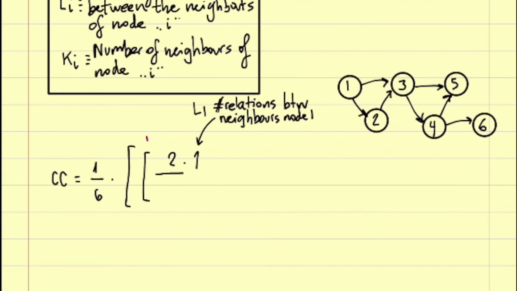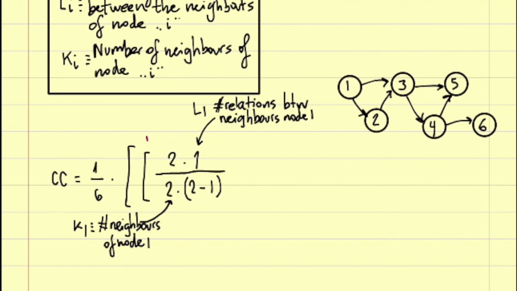Divided by how many neighbors does node 1 have? 2 times 2 minus 1. So this is K1, the number of neighbors of node 1.